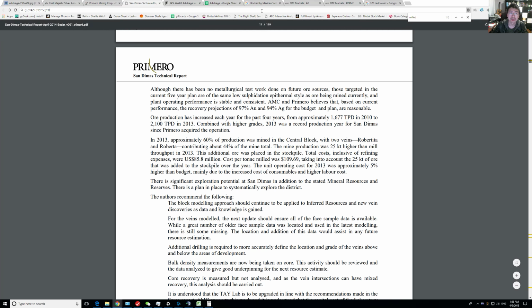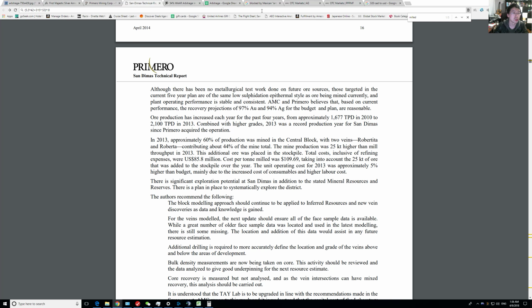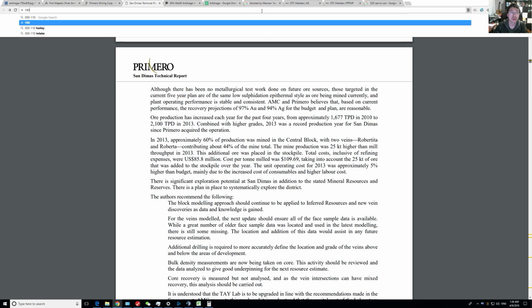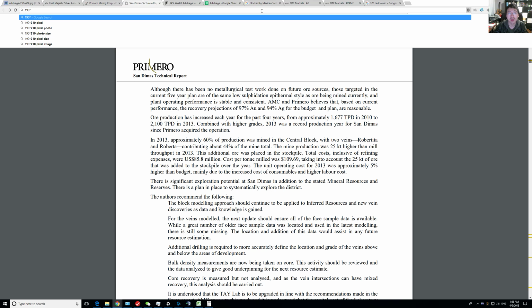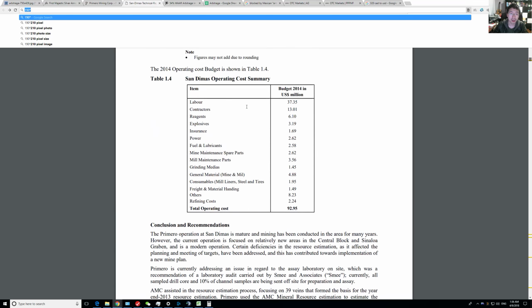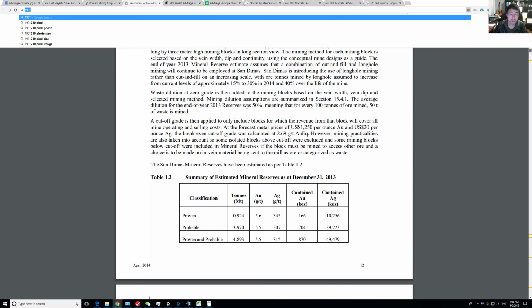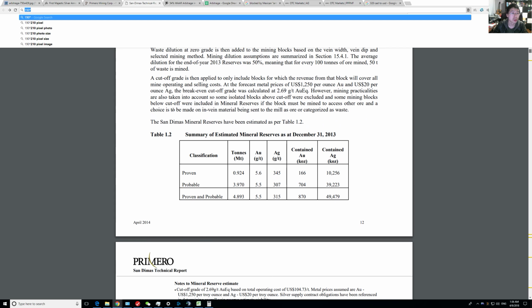So you say 300 minus 110, get $190 per ton in profit. And then you multiply that by the number of tons of ore they have, proven probable here.